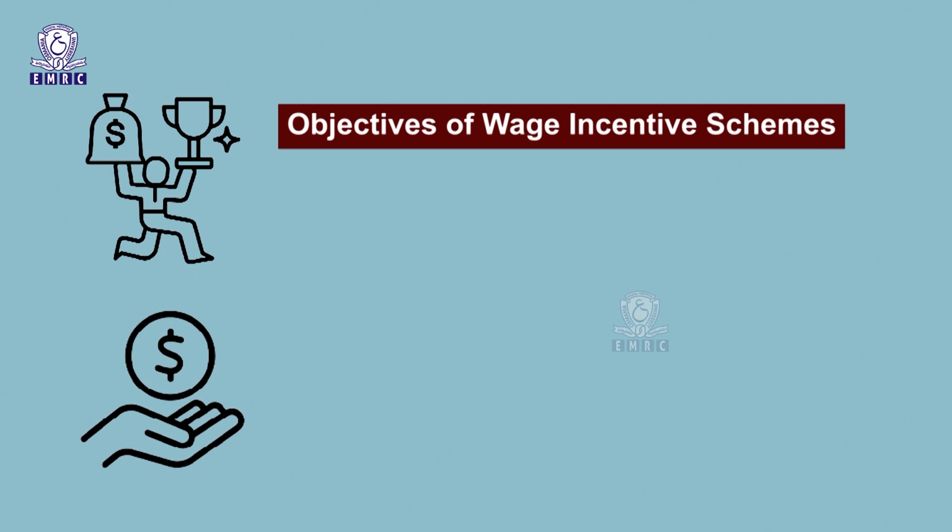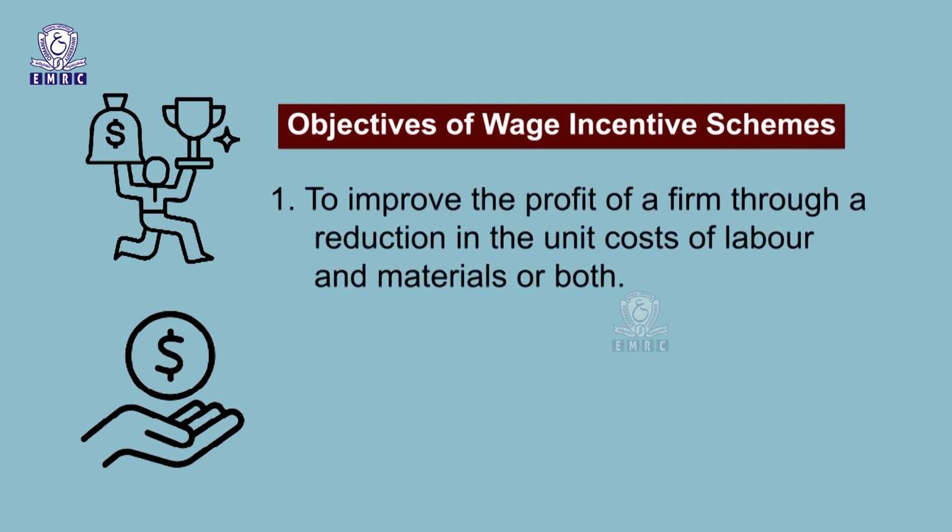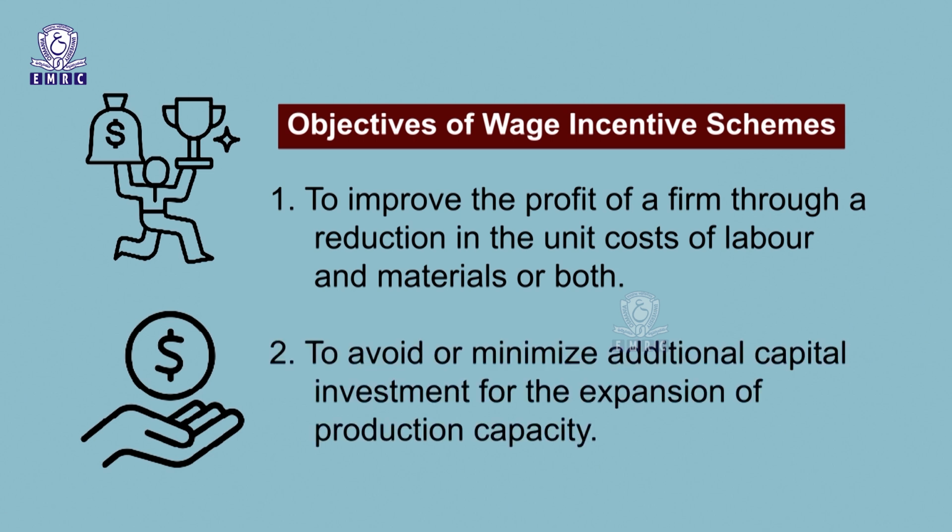Now, let us look at the objectives of wage incentive schemes. First, to improve the profit of a firm through a reduction in the unit cost of labor and materials or both. Second, it tries to avoid or minimize additional capital investment for the expansion of production capacity.